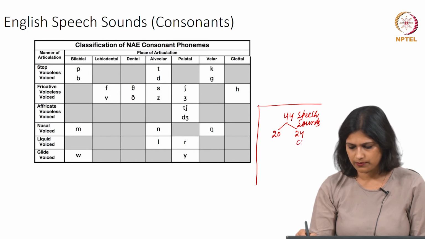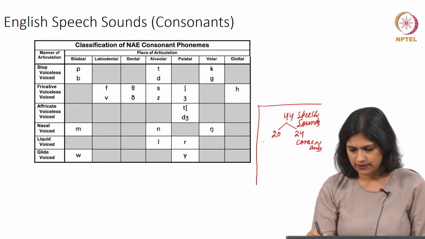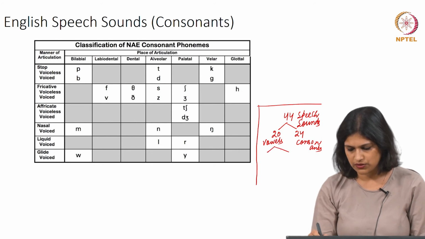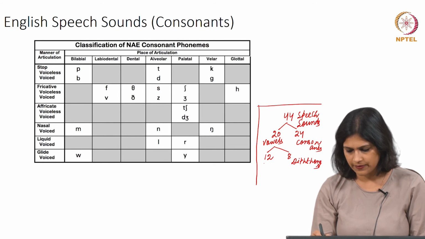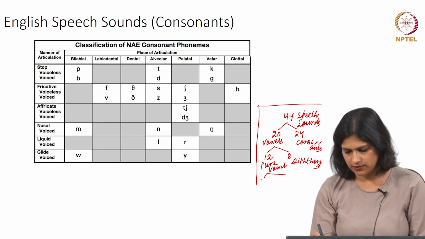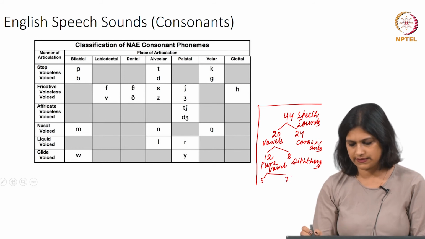24 are going to be in the category of consonants, okay, and 20 are going to be vowels, and this 20 would have 12 and 8. The number 8 represents diphthongs and this 12 will be pure vowels. These pure vowels can also be divided into 5 and 7.